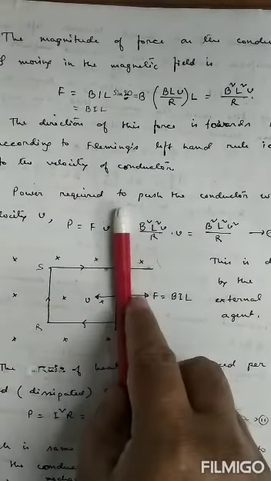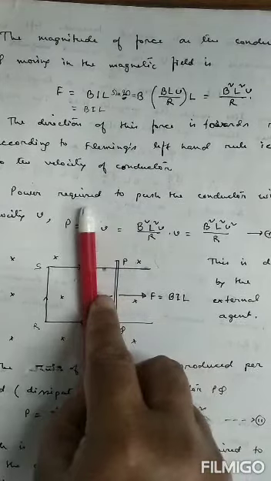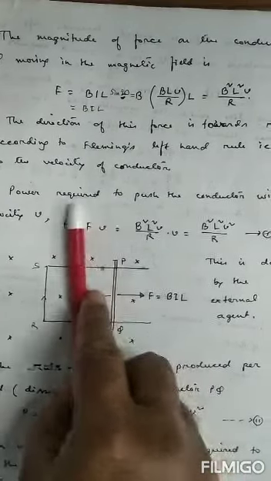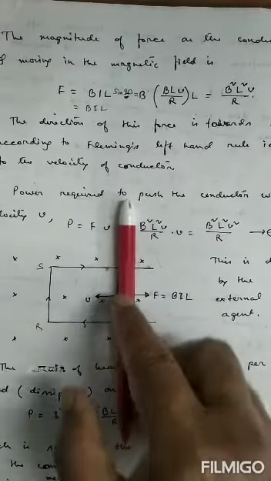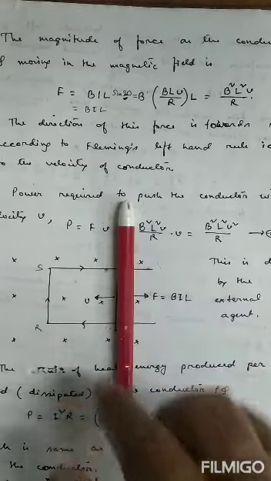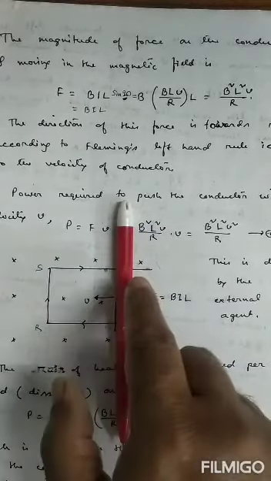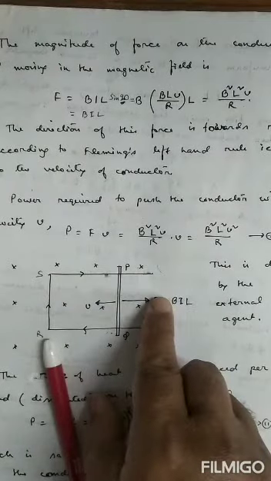That means when we try to move the conductor inside the inward magnetic field, an induced current flows through the conductor from P to Q, and because of that the magnetic field exerts a force on the conductor towards the right.